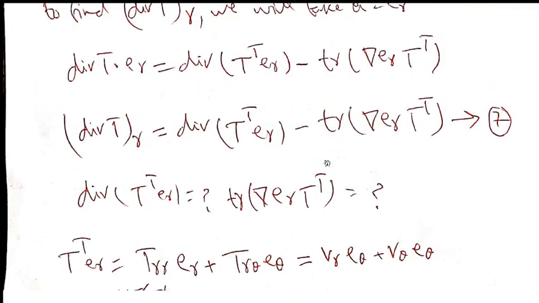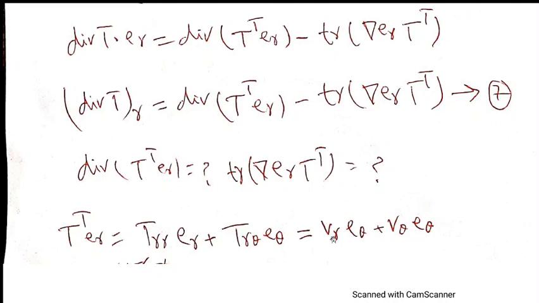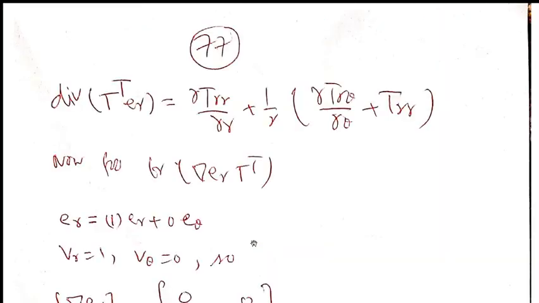You can write here from equation number 6, where instead of vr we will use T_rr, and instead of v theta we will use T_r theta, and you have this divergence of this vector. Now the trace of this: before we write the trace, we need two things, this tensor and this tensor.